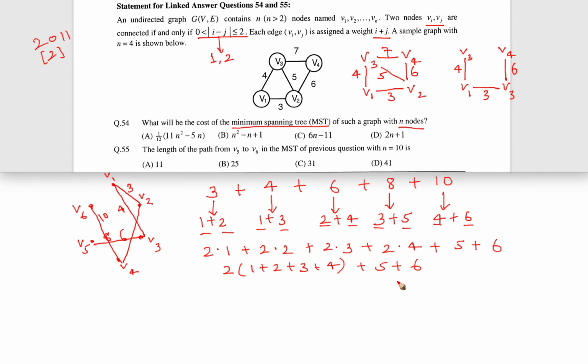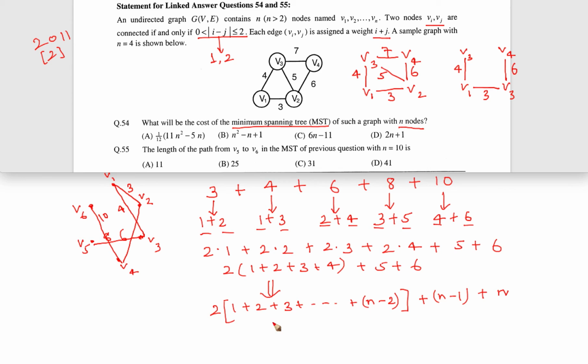Now it is coming to light that if n vertices are there, then this pattern can be generalized as 2 times 1 plus 2 plus 3 till obviously n minus 2, and the last two weights are basically n minus 1 and n. Okay, so this is the pattern which is coming.